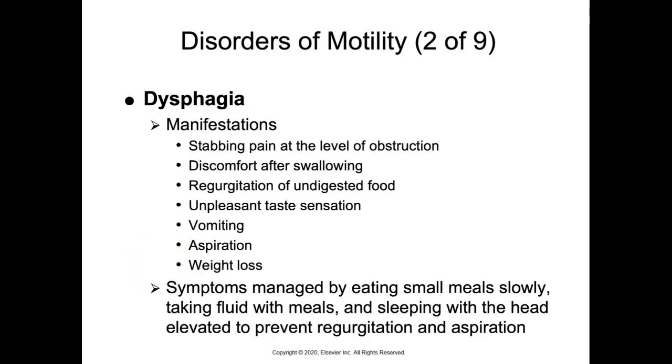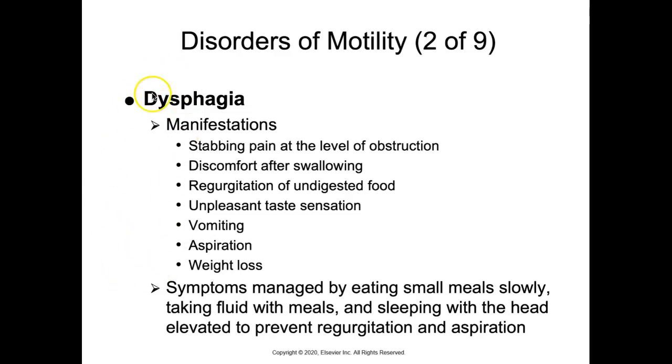A person may also experience spasm of the esophageal muscles while they're eating or drinking. And we also need to be careful when they're laying down because one of the risk factors that can lead to aspiration is when they are laying down, and this can lead to aspiration, coughing, and pneumonia.